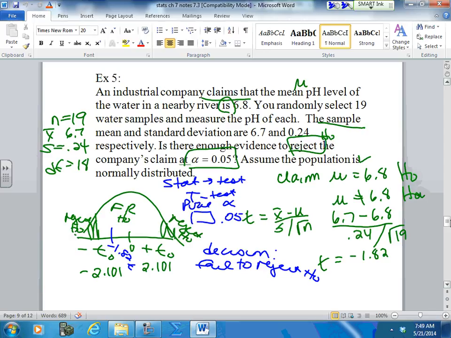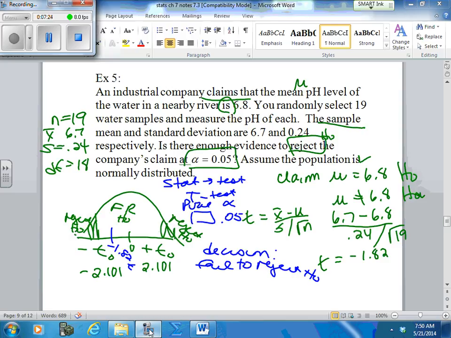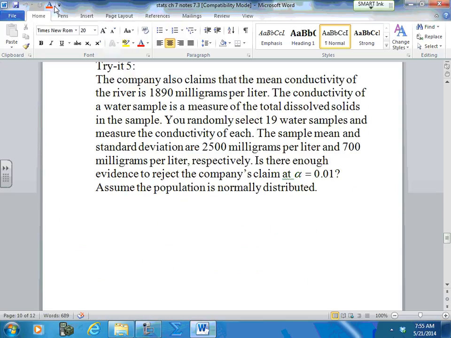Questions? Okay, you try it yourself, number 5. I want it set up just like this. So here's this company, still making claims here. It also claims that the mean conductivity of the river equals 1890 milligrams per liter.